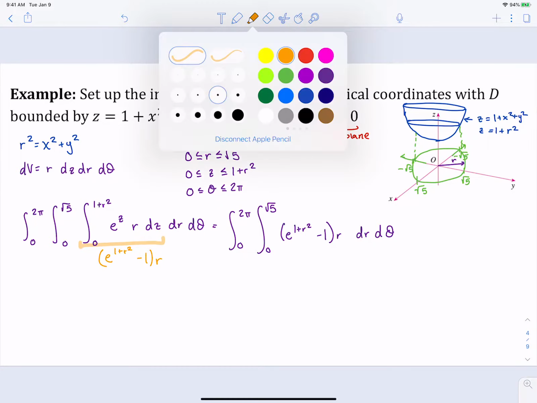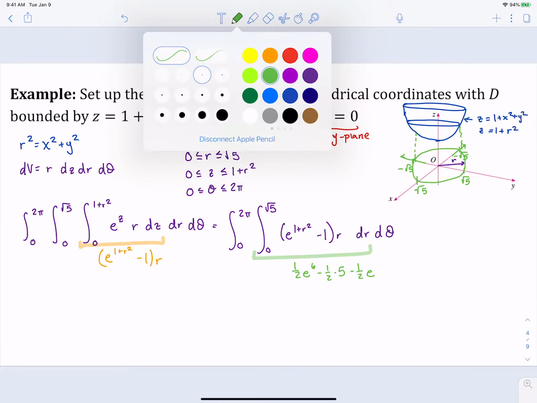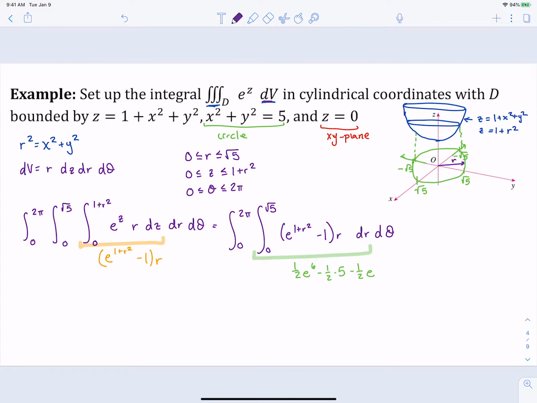And then this integral evaluates to be 1/2 e to the 6th minus 1/2 times 5 minus 1/2 times e. You have to do a substitution for that first term because you're going to have r e to the 1 plus r squared. And then plugging in 0 and square root of 5. And so finally, we're going to get the integral from 0 to 2 pi.